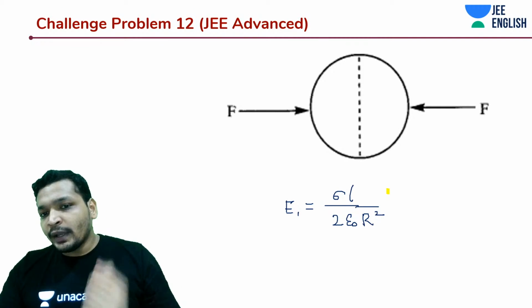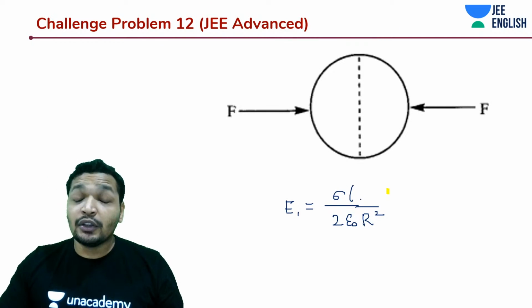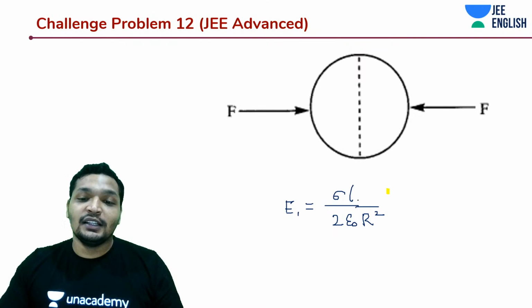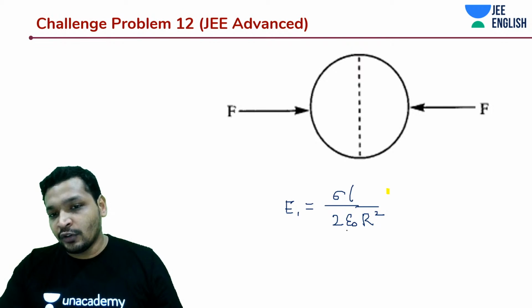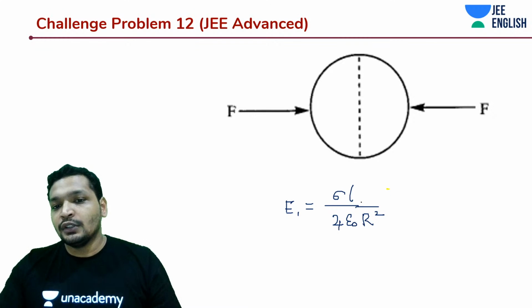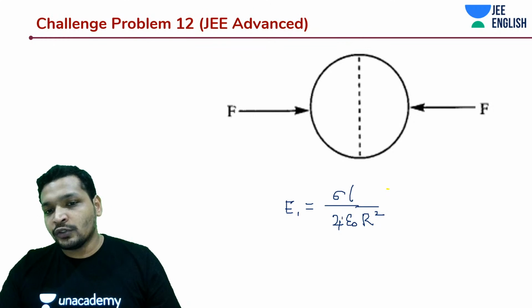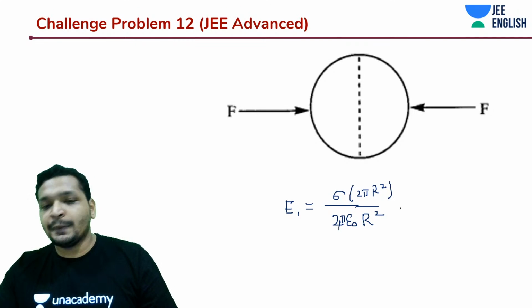So it is kq by r square, where k is 1 by 4 pi epsilon naught. So 1 by 4 pi epsilon naught r square into area, that's going to be 2 pi r square, because they are the hemisphere.